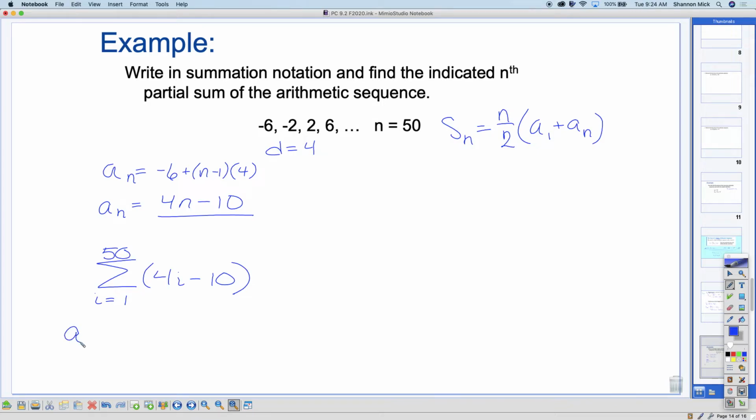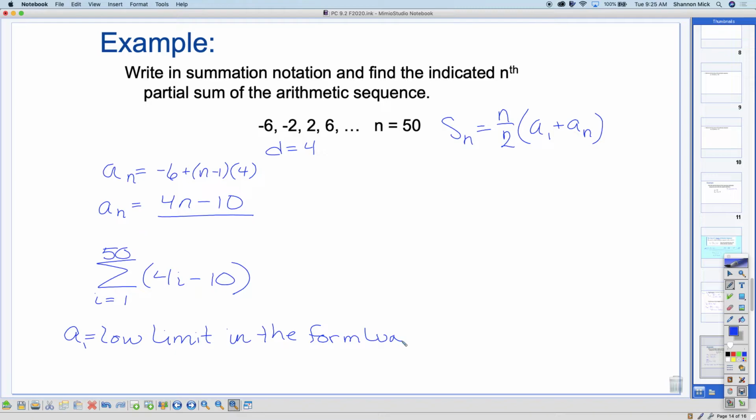So A sub 1 is equal to the lower limit in the formula. Make sense? If I plug in 1 here, I get 4 minus 10, which is -6. But you need to remember that a sub 1 is plugging in the lower limit.